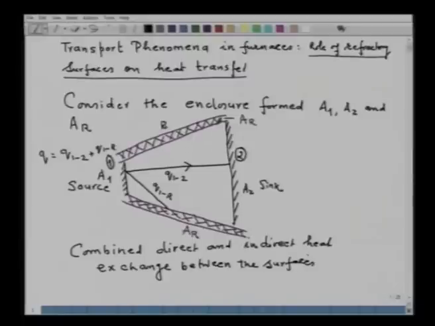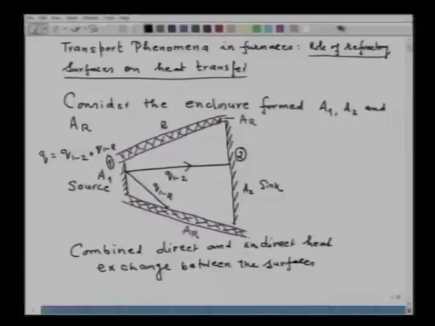How is it direct? Say a source, it will radiate its energy Q12, that is the direct heat exchange between the source and the sink, and part of the heat emitted from source 1 will be reflected by the refractory surface.